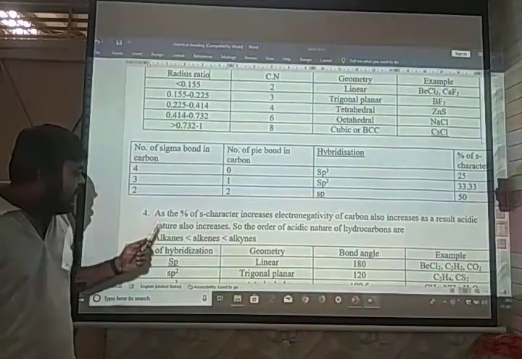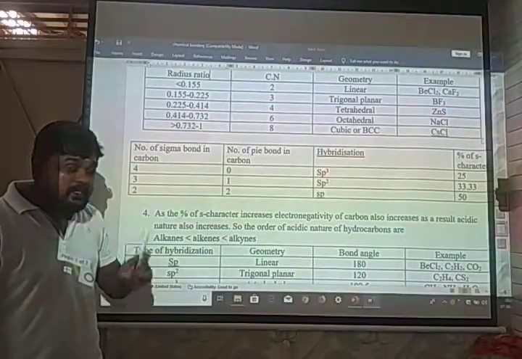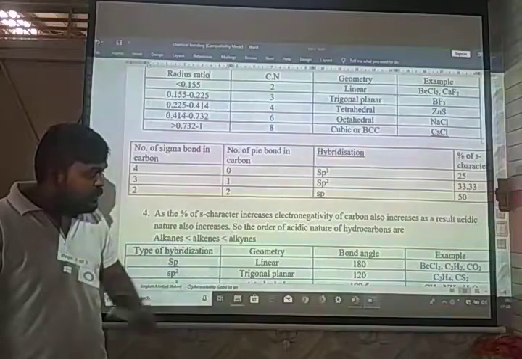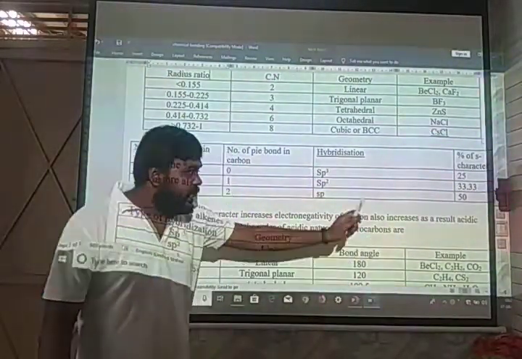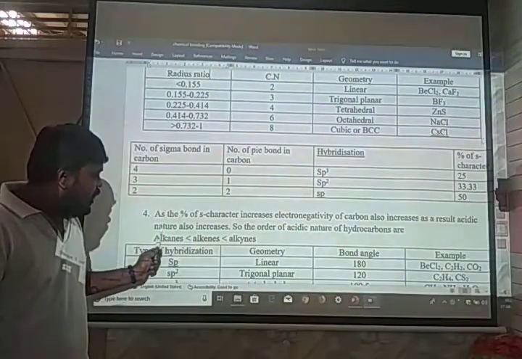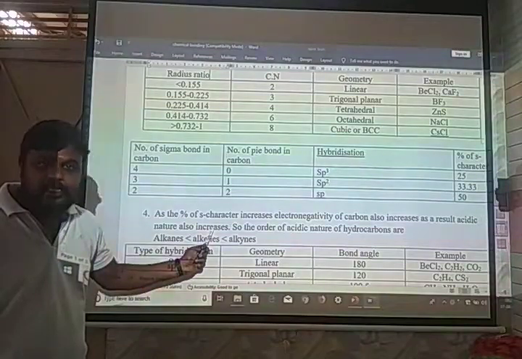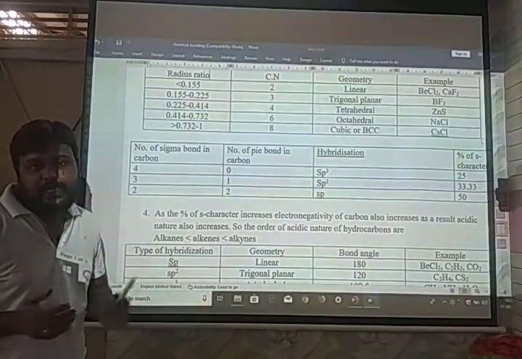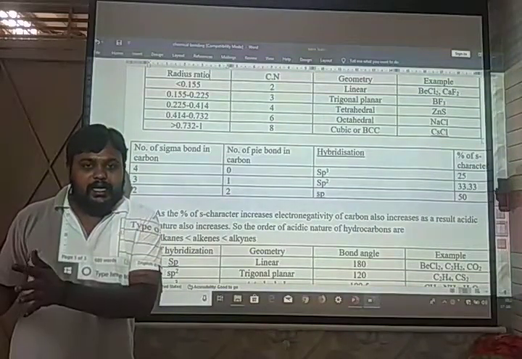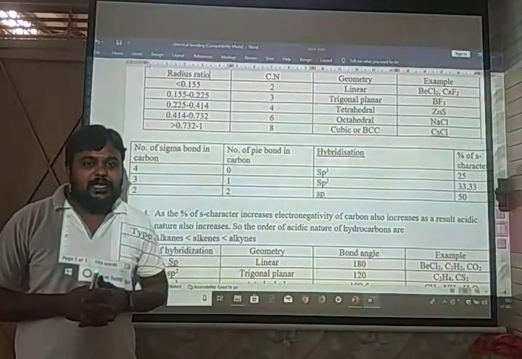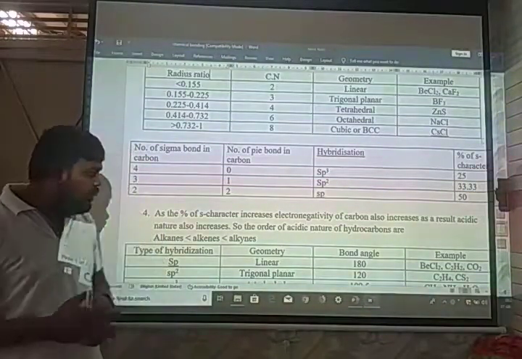Relations will be like this: as the percentage of S character increases, electronegativity of carbon also increases. As a result, acidic nature also increases. If you take alkane, alkene, alkynes, hydrocarbons, alkane containing single bonds, alkene containing double bonds, alkynes containing triple bonds, and arrange them in the order of acidic nature, the order will be like this.